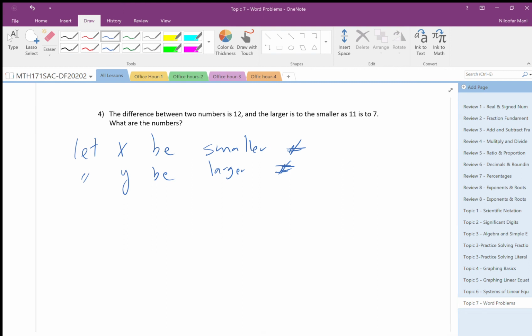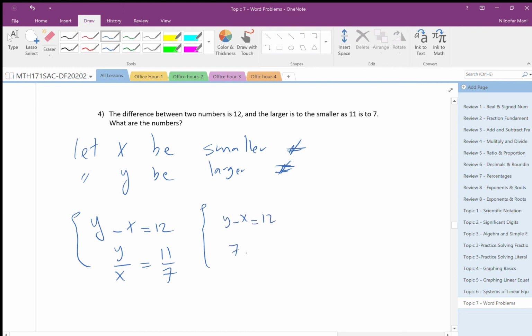The difference between two numbers, of course it's larger minus smaller, because otherwise it would be negative. So y minus x is 12, and then the larger to the smaller is 11 over 7. So y minus x equals 12, and 7y minus 11x is 0.